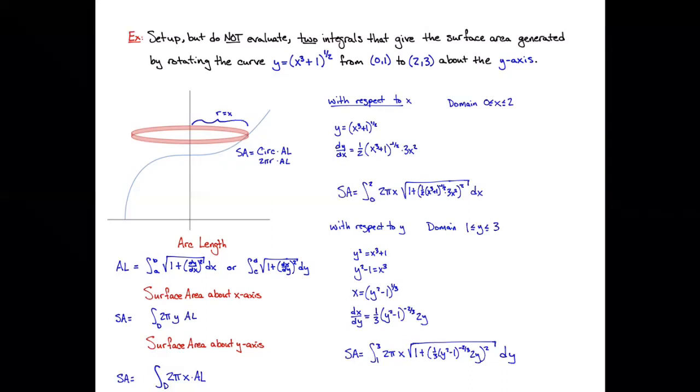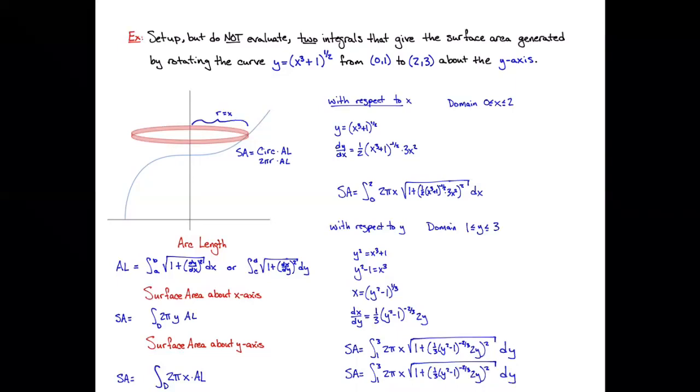And so we need to do one more line, where instead of the x, we erase the x and replace it with something with respect to y. Okay, what is that x value in terms of y?